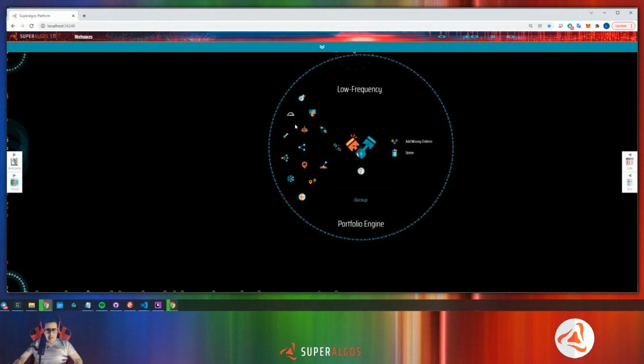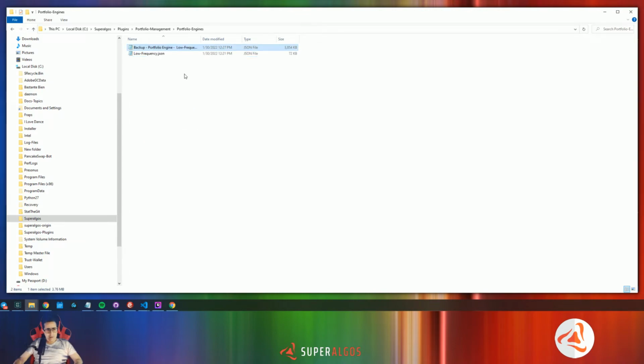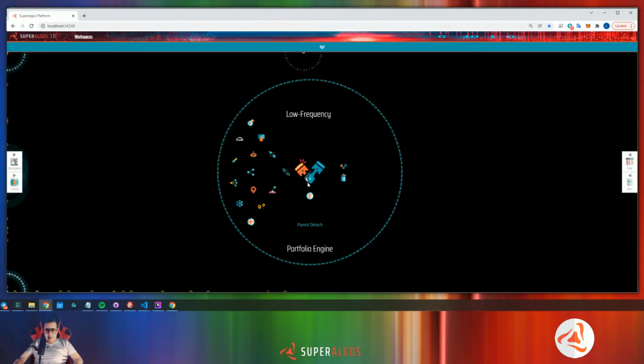Now we can replace the previous trading engine that we had. Okay, so that would be the fixing of this.